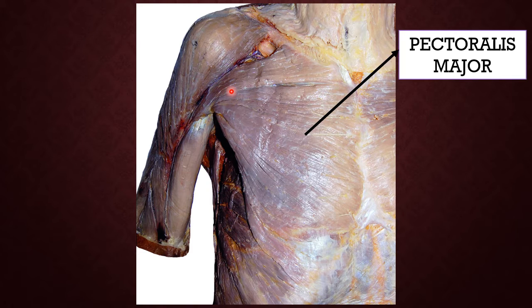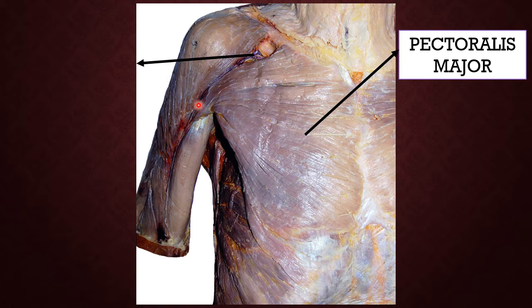And another structure which they usually ask in the upper limb practicals, if they want to ask any vein, they may ask this vein which is present in the deltopectoral groove. This muscle is called the deltoid muscle, which we have seen in our previous class, and this is the pectoralis major. Between these two muscles, we can identify this vein, which is the cephalic vein.